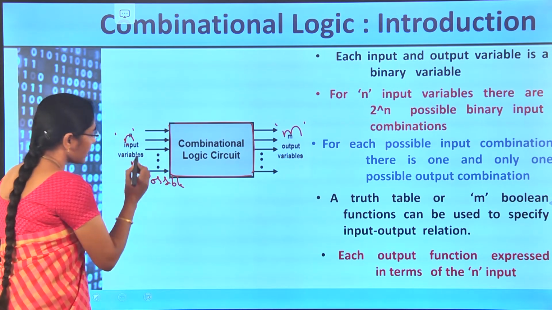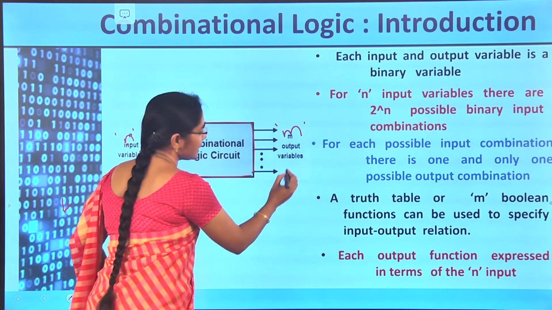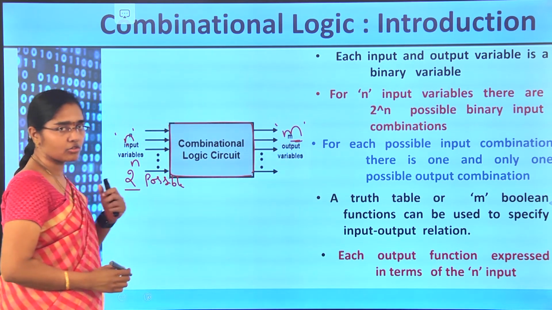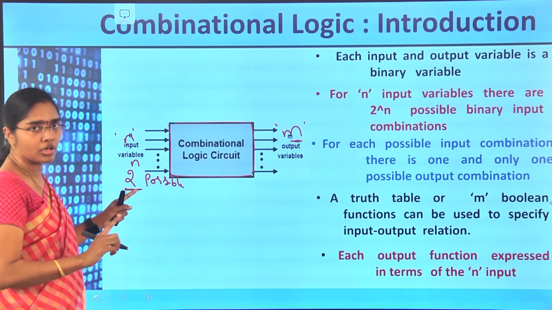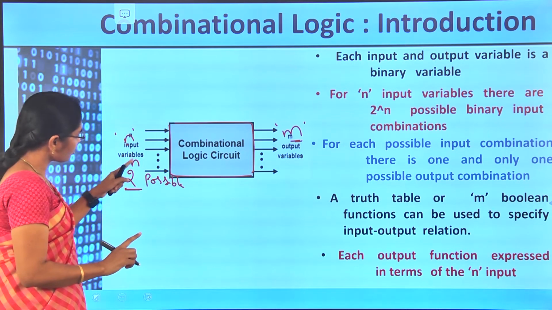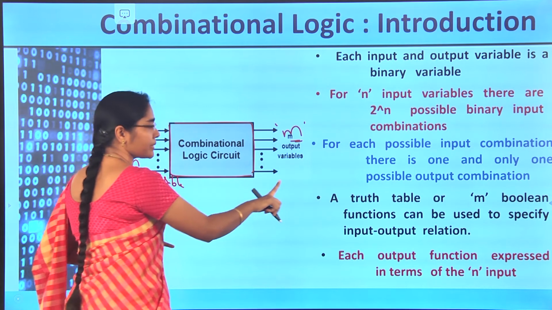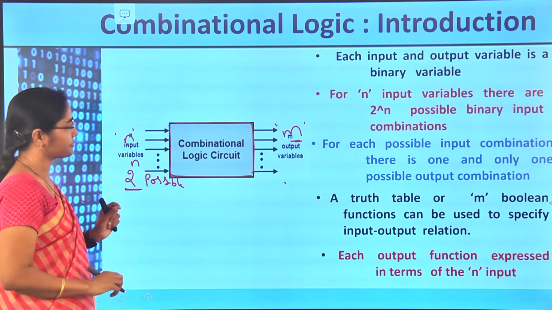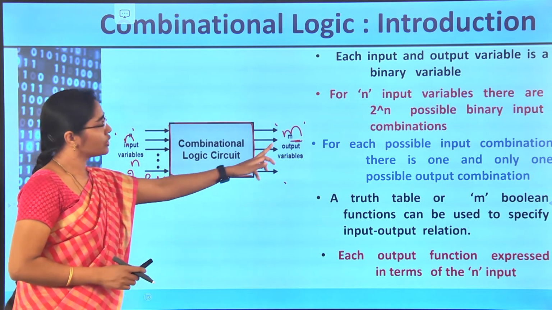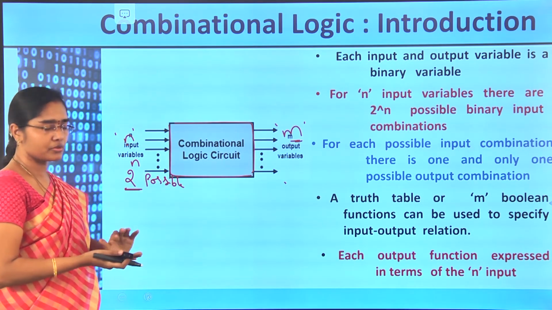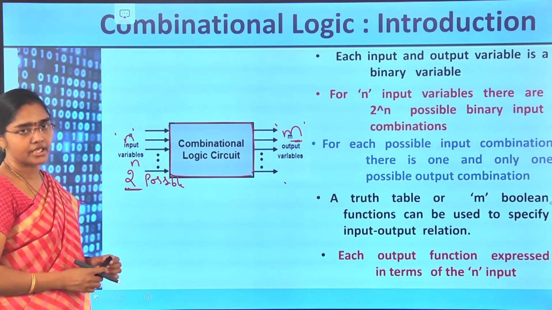These 2 power n possible input combinations will define the m different outputs, and each input combination will define one particular output. Truth tables are used to define the relation between the outputs and inputs.